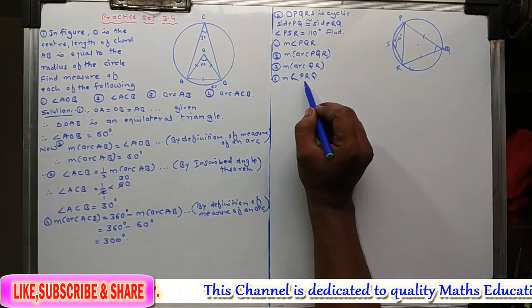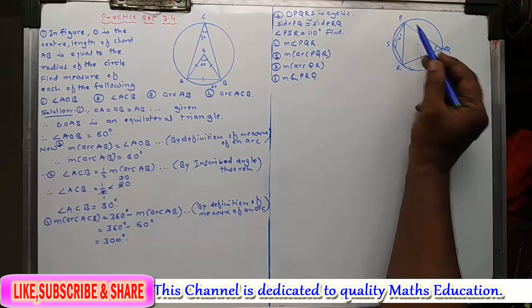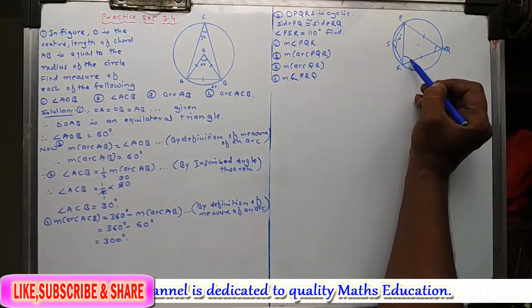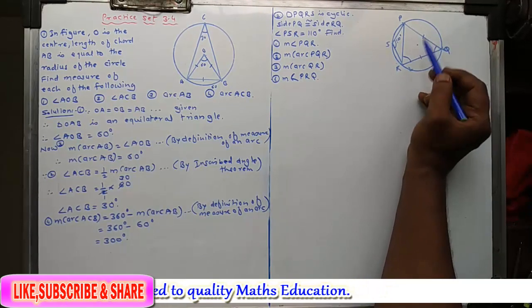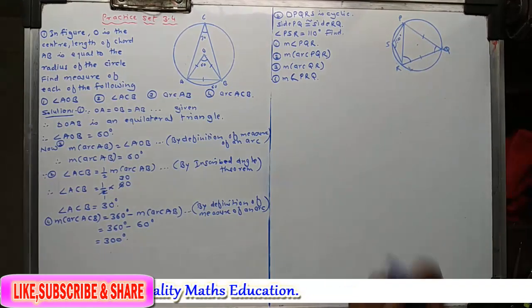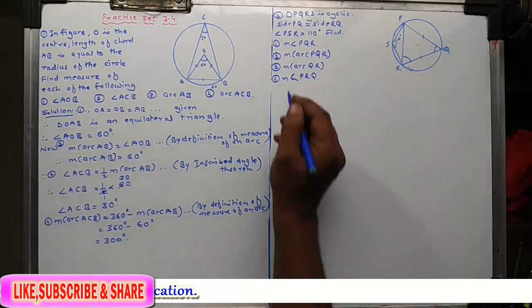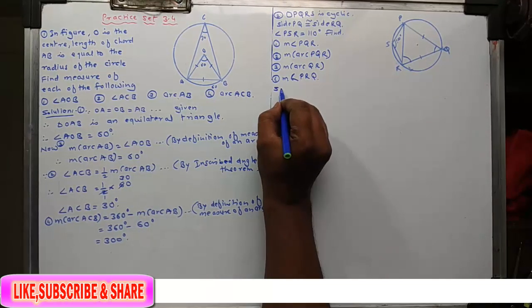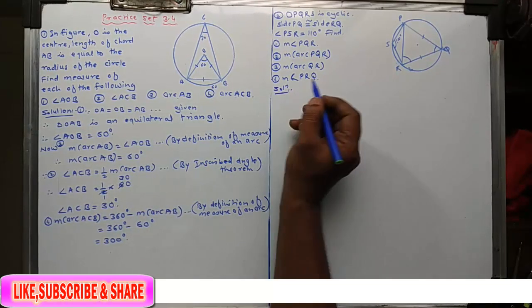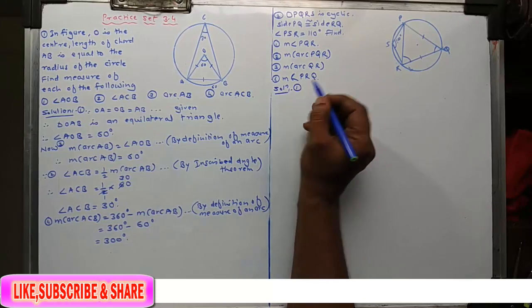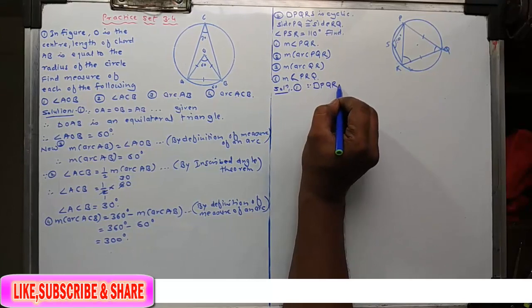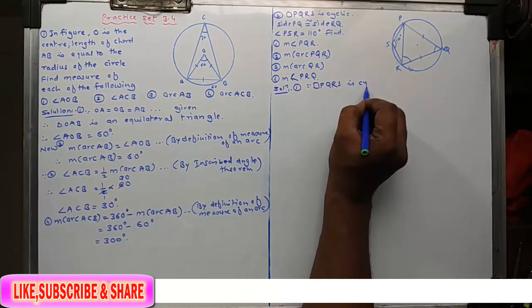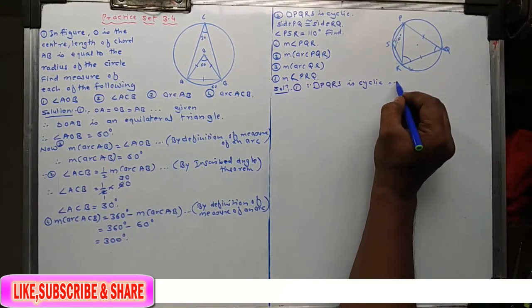Then we have to find the measure of angle PRQ. Once you have the measure of arc PQ, take half of that and you will get the measure of angle PRQ. Now we have to write the solution. We start the solution here. Solution for the first: since this quadrilateral PQRS is cyclic, it is given.